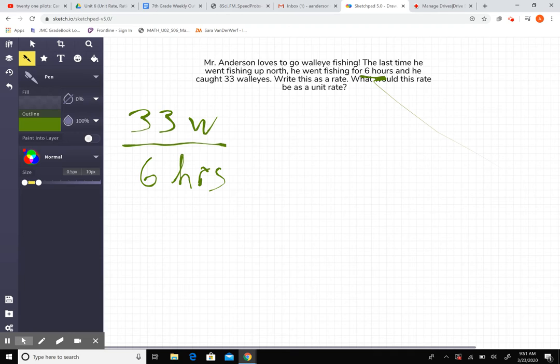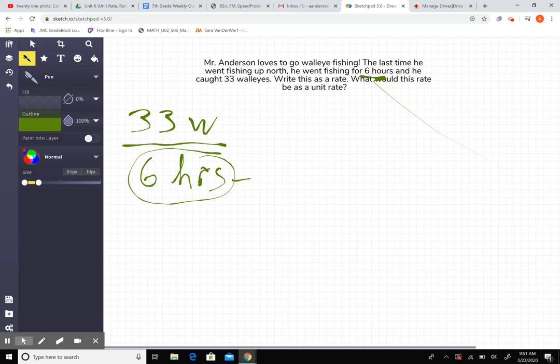Okay, well, if we remember, it's a unit rate when the second number we're comparing, so in this case, it would be the 6 hours, isn't a 6 anymore, but it would be 1 hour. The second quantity needs to be down to 1. So we have to remember we can only multiply or divide our numerator and denominator here. So what would I have to multiply or divide the top and bottom by to make the bottom equal to 1 instead of 6?